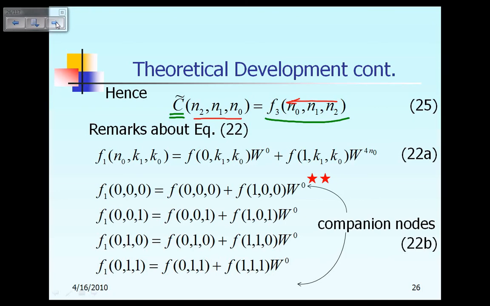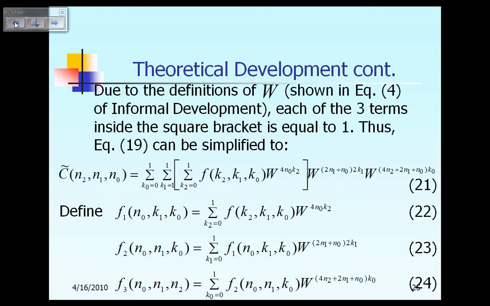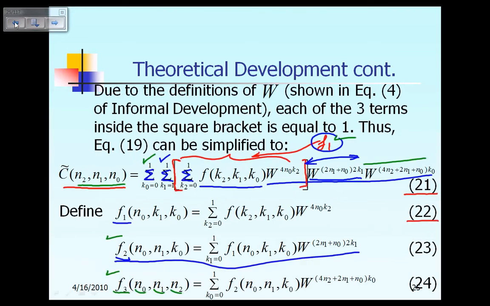So let's take one more remark about equation 22. That equation 22, as you can see, is shown in here. Basically, it calculates the intermediate vector F1.